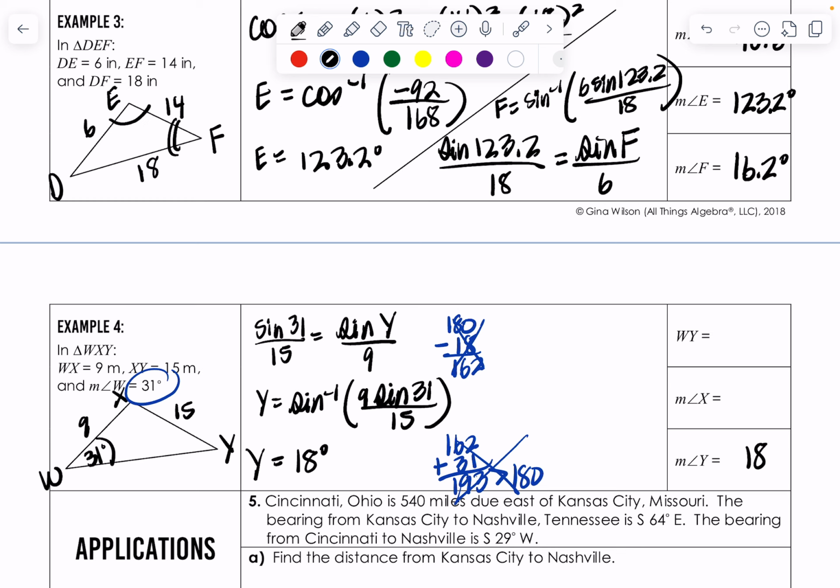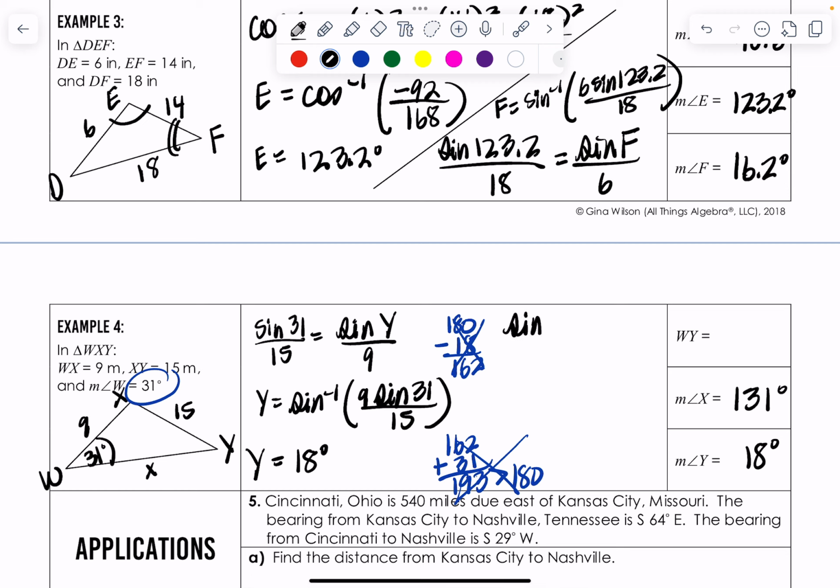Once I find that one, I can just subtract that and the other angle from 180. And that tells us X is 131. Now I can use law of sines to find side X here.